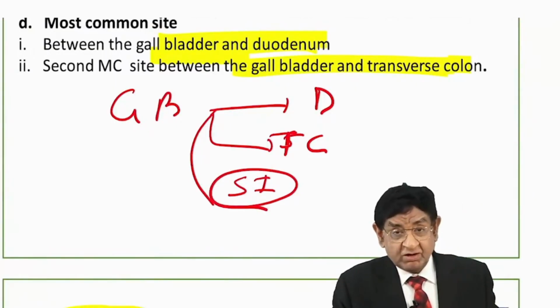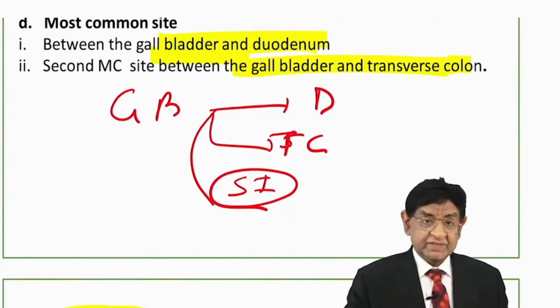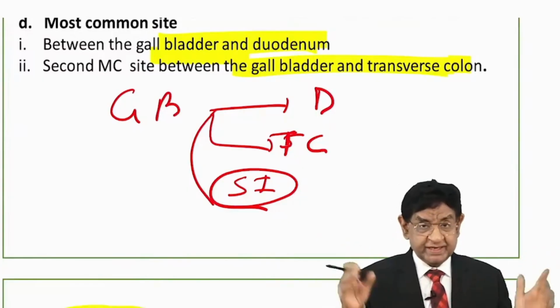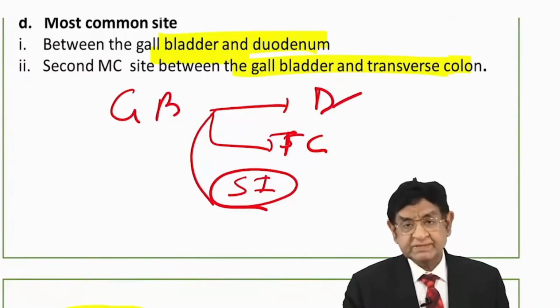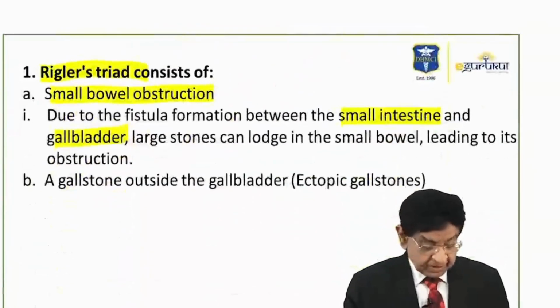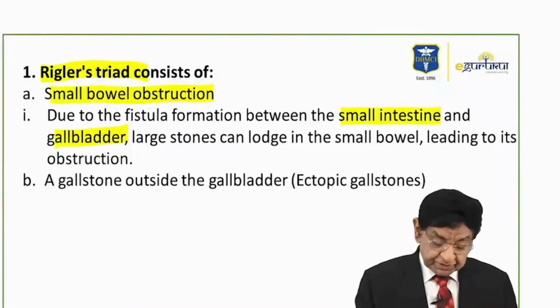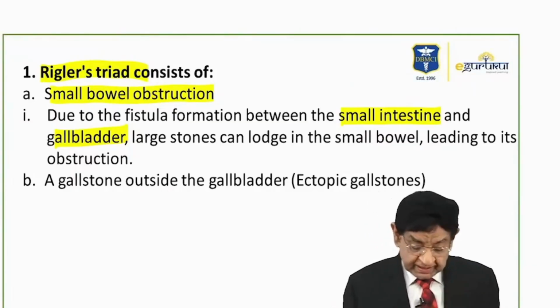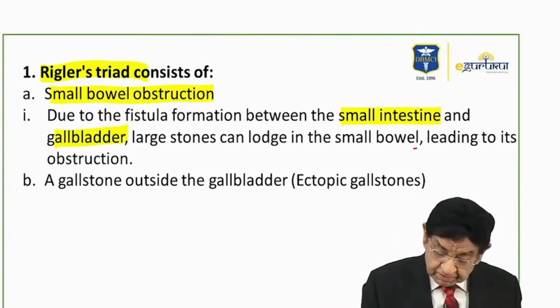That means the gallbladder can have connection with the duodenum, small intestine or transverse colon, anywhere it can break. The most common site is duodenum. So let's come to Rigler's triad. Small bowel fistula formation, the stone has gone to small intestine and that will lead to obstruction.